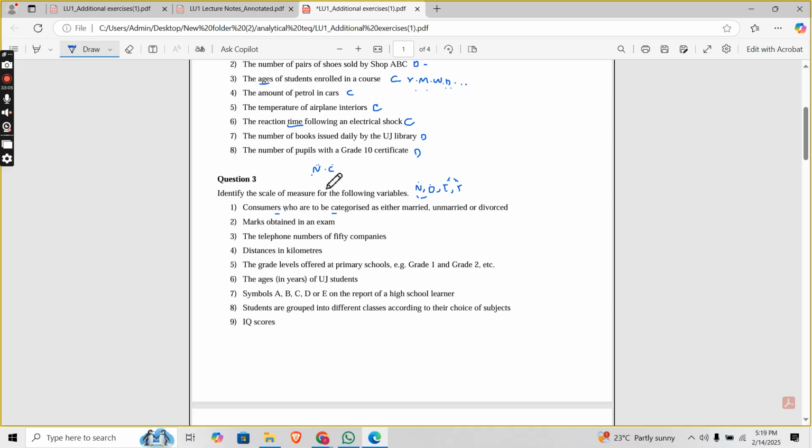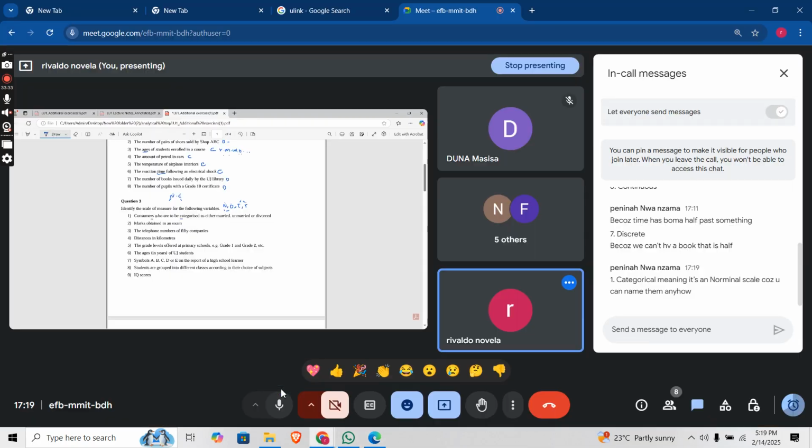I said first you have to quickly identify, at a glance, whether this data is numerical or categorical. If it's categorical, look only at nominal or ordinal. If it's numerical, look at interval or ratio. Number one, anyone who wants to answer whether it's nominal scale, ordinal, interval, or ratio? Anyone?